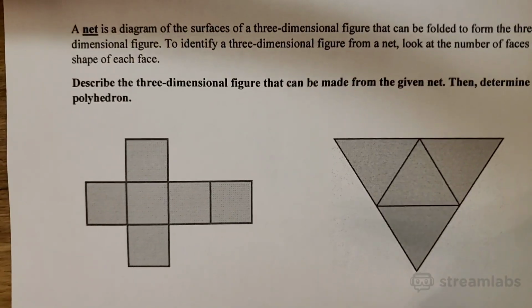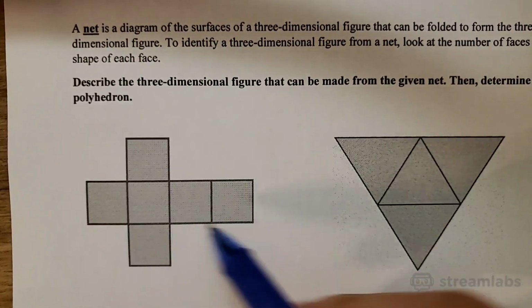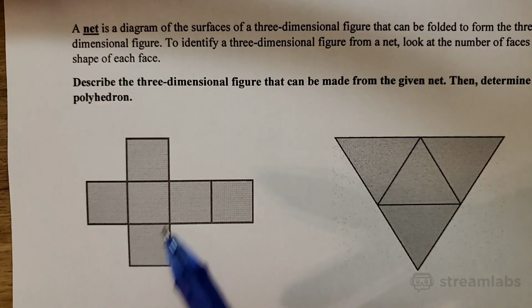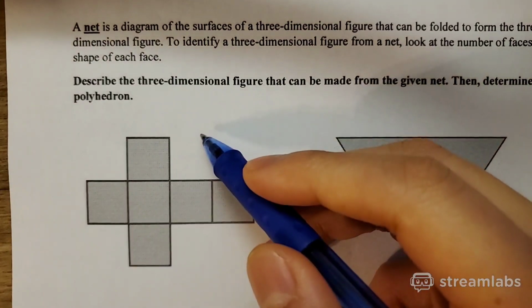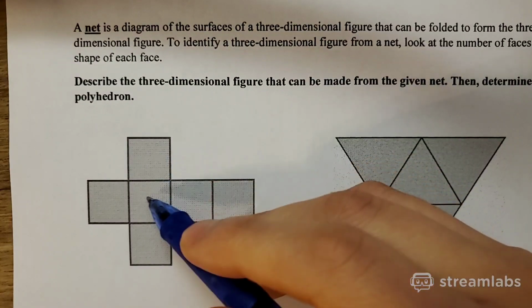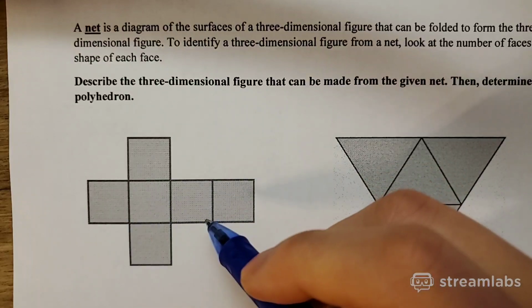So number 1, is this a polyhedron? Does this combine into a 3-dimensional figure? Does it work? What kind of figure? It's a cube, right?